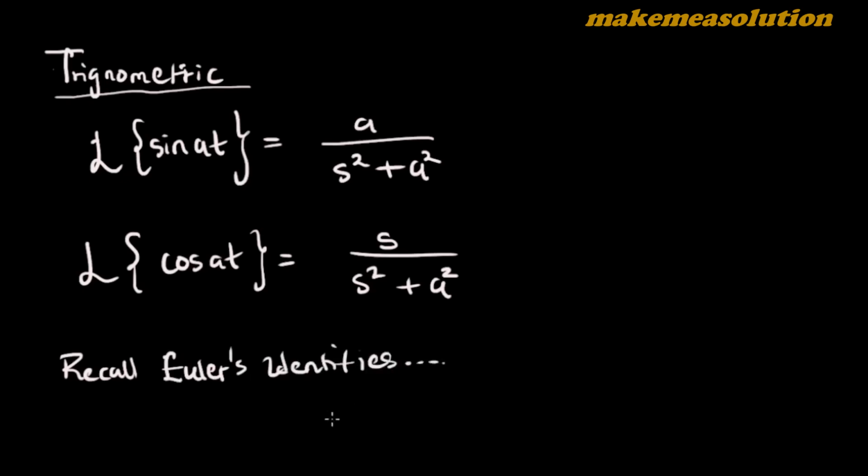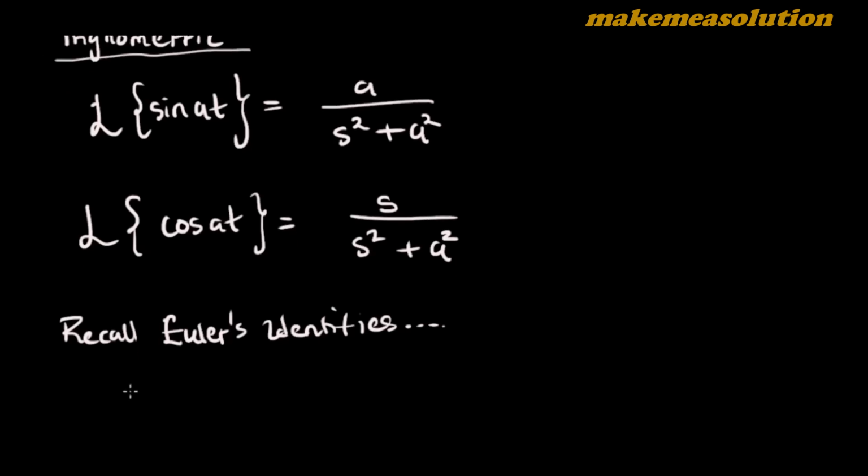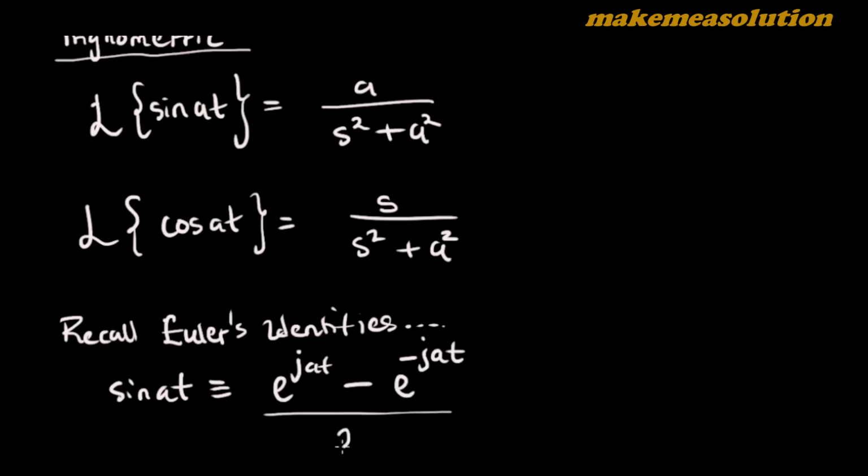Euler's identities teach us to express the sine and cosine functions as complex exponential functions. Sine at can be converted to a complex exponential in this form: exponential j at minus exponential minus j at over 2j.